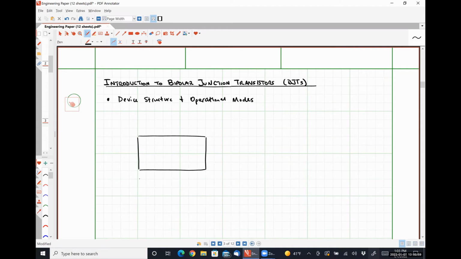So let's say that this guy down here is an NPN BJT cross section. And over here on the right, we will do a PNP BJT cross section.